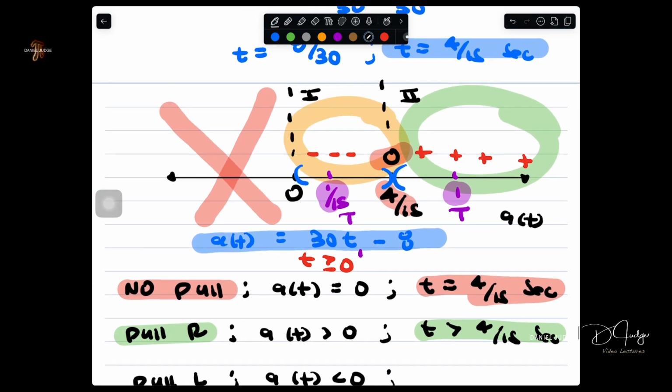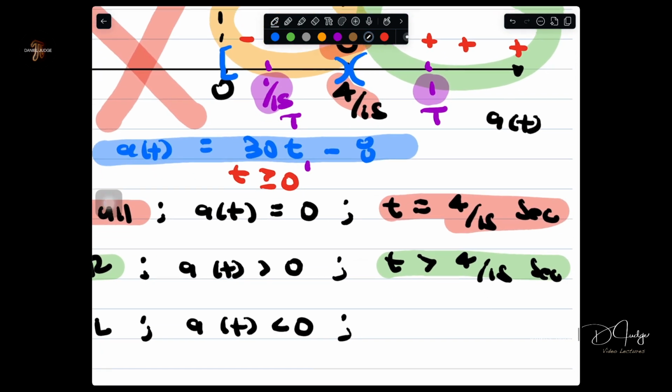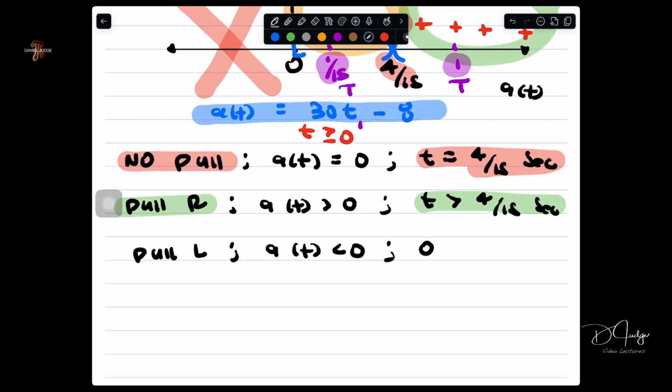So what does that mean? Let me be careful again, because at 0, we don't have a 0 up above it. So at 0, it's a square bracket. We include 0. 0 to 4/15. So we're going to say 0 is less than or equal to t, less than 4/15 of a second here. And that's where you have the left pull.